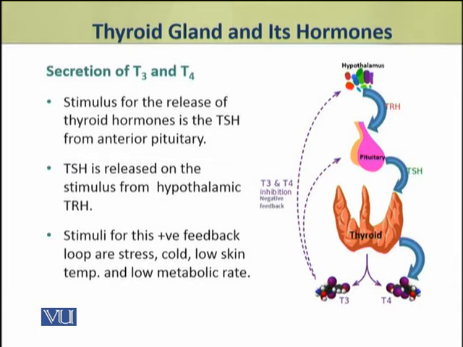The stimulus for this positive feedback are stress, cold, and low skin temperature and low metabolic rate. In these conditions, TRH from hypothalamus is secreted, which stimulates TSH release, and TSH stimulates the release of thyroid hormones.